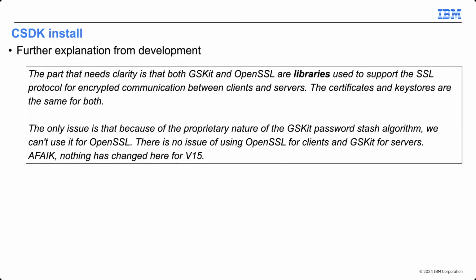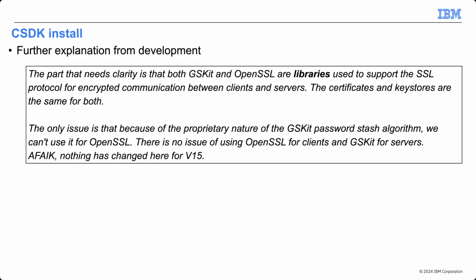Again, from development, this quote came from them, and it basically just says that the GSKit and the OpenSSL are just libraries that are used to support the protocol, and we don't care which one you use. We're going to support either one.